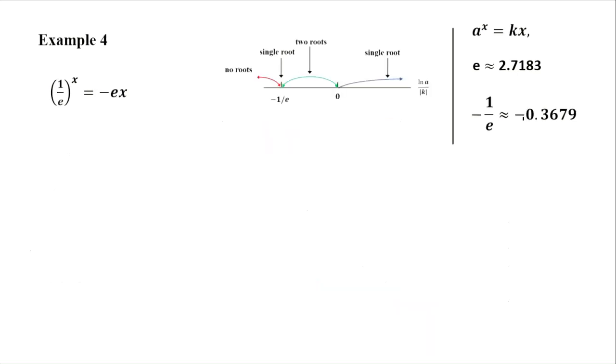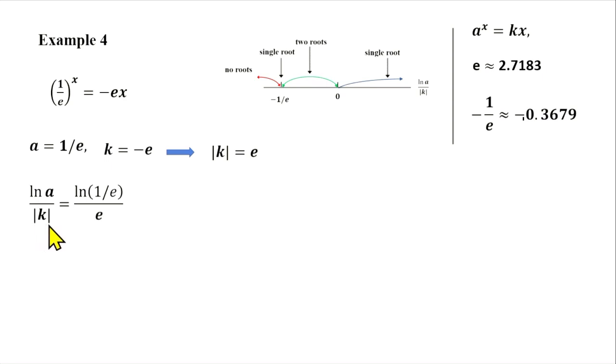And the final example is this. Here a equals 1 over e, k is negative e, and ln a over absolute value of k equals negative 1 over e, so it is here. We have a single root.